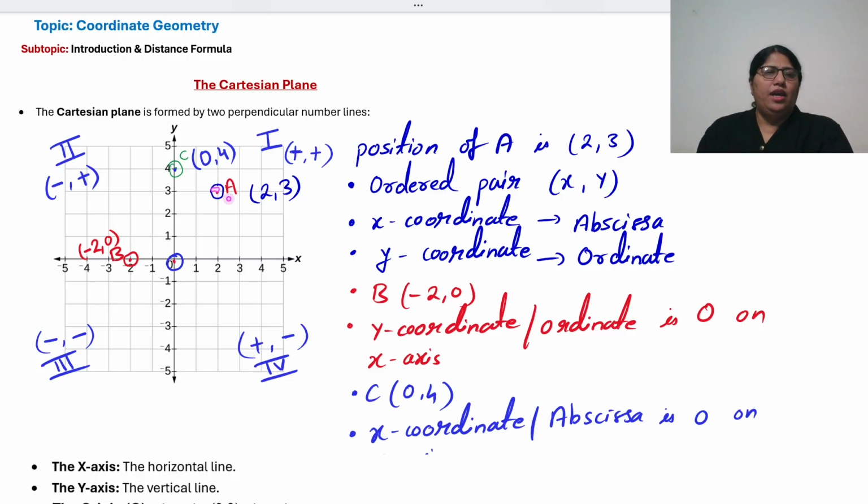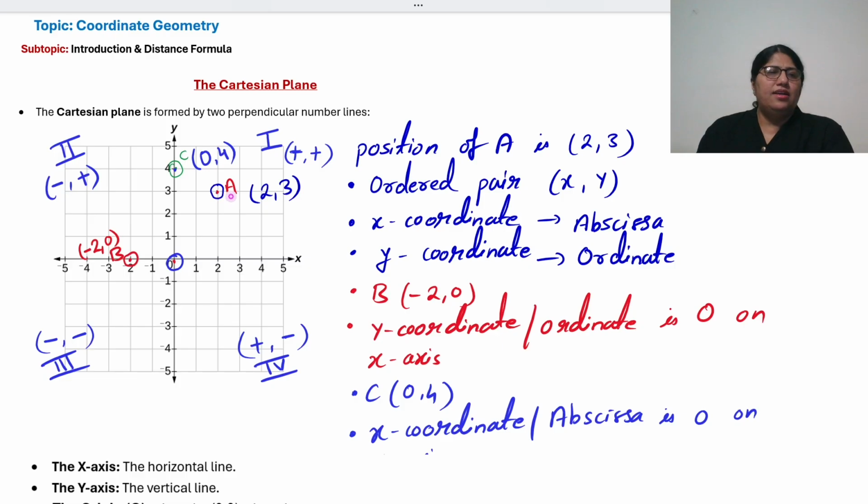If I take point A, what is the distance of point A from the x-axis? This is the distance of A from the x-axis, which is nothing but your y coordinate. So the distance from the x-axis represents the y coordinate.